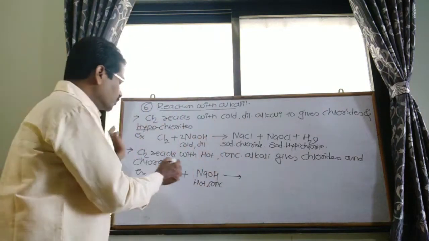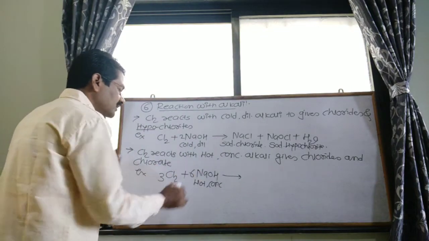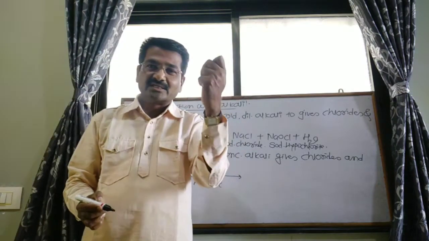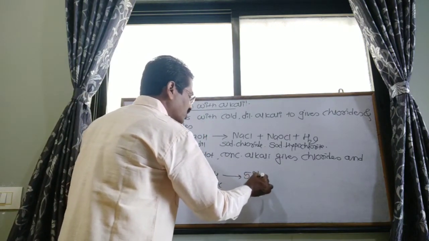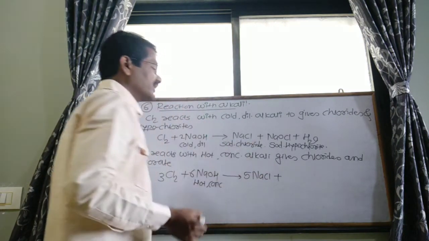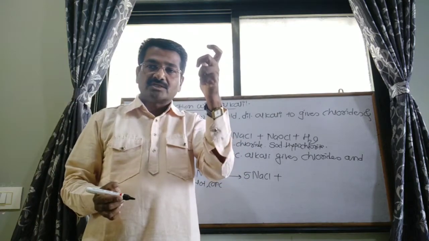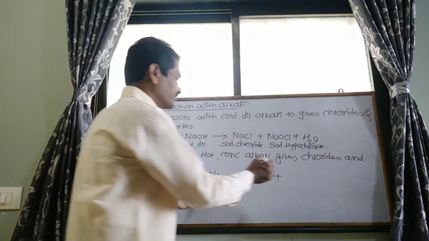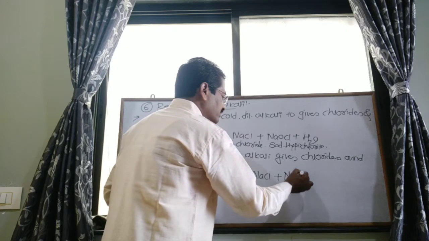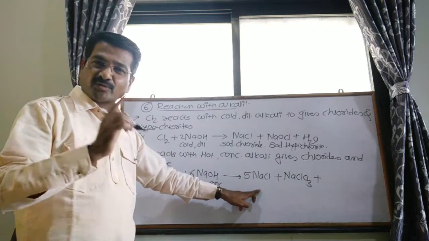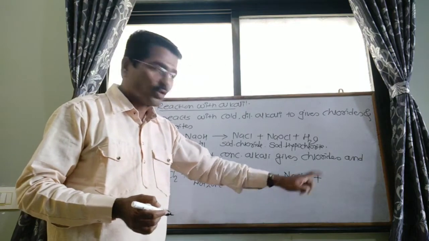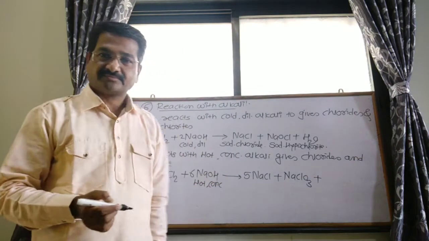Then it gives, first product, sodium chloride, and the second one is sodium chlorate.